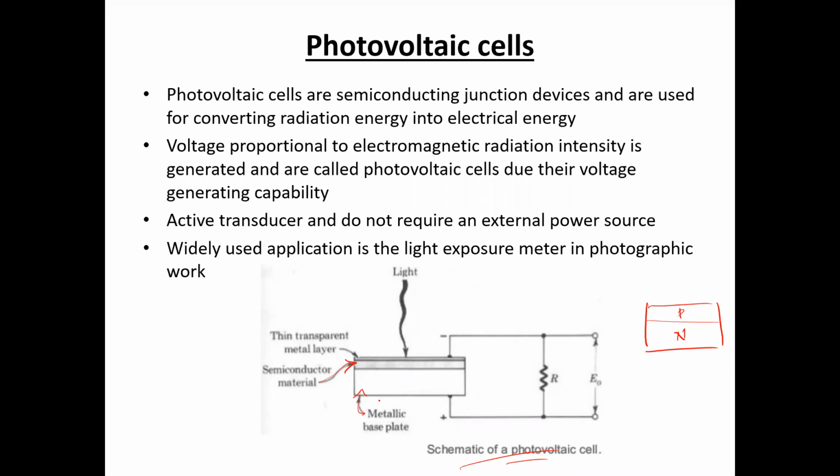When there is a semiconductor material having a junction with a metal, do you guys remember the name of the junction? What is that junction normally called when you merge a semiconductor material with a particular metal?